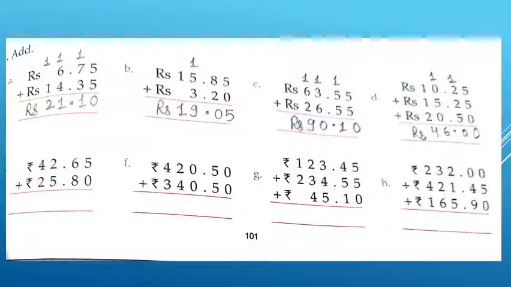So 5 plus 5 is 10 and 10 plus 0 is 10. So write 0 there and 1 carry. Now children, 2 plus 2 is 4. 4 plus 5 is 9. 9 plus 1 carry is 10. So write 0 there and 1 carry.